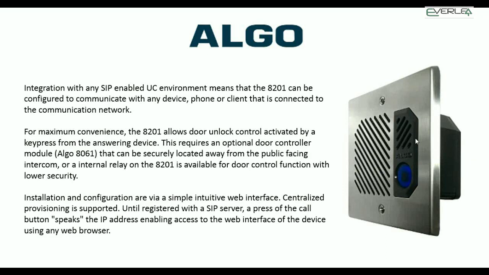The 8201 can be set up in a number of ways, and we'll go through a little bit more in detail later, but essentially it can work as a standalone unit. It can have its own onboard relay control and even a sensor to detect if the door's opened or closed. But it can also integrate with the Algo 8061 controller unit.